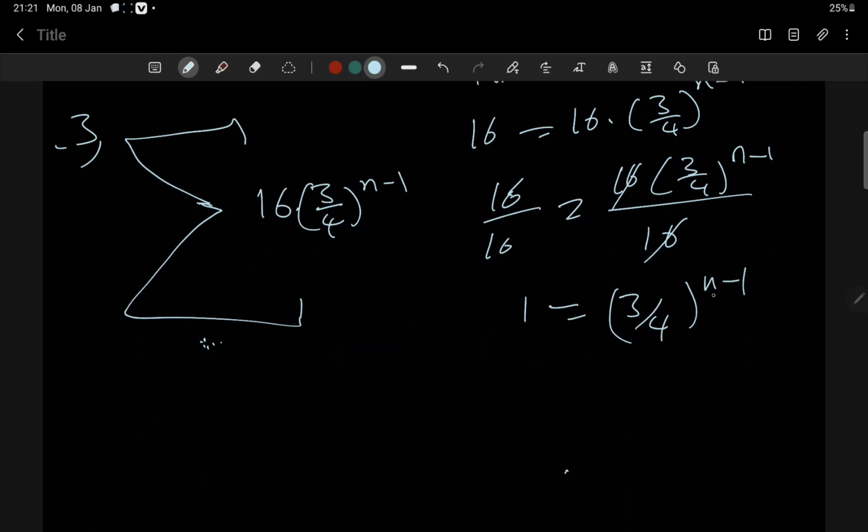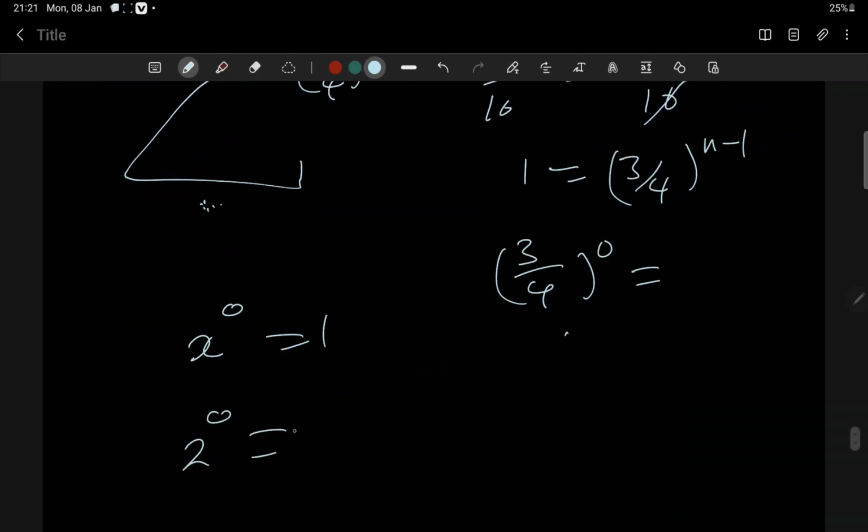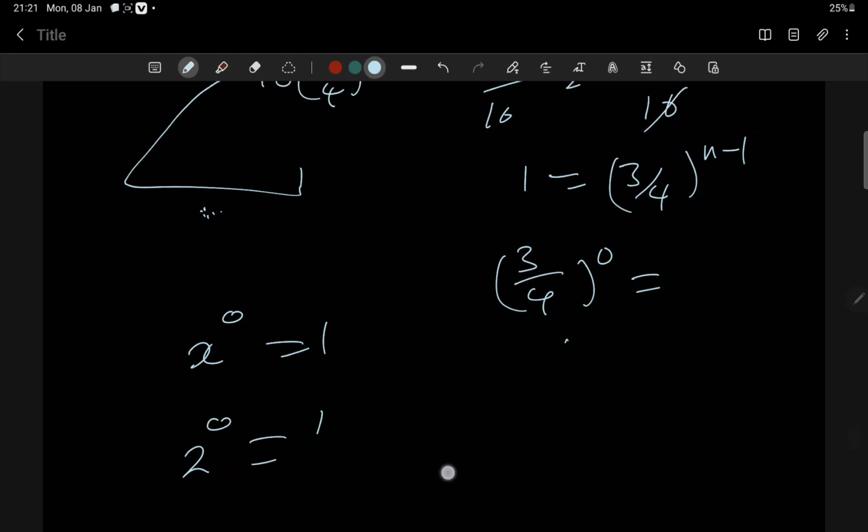Then to solve for n here, let's change 1 to 3 over 4 to the exponent of 0. Because we know any number raised to the exponent of 0 comes back to 1. If it's x to the exponent of 0, this is 1. If it's 2 to the exponent of 0, this is 1. Any number raised to the exponent of 0 equals 1.